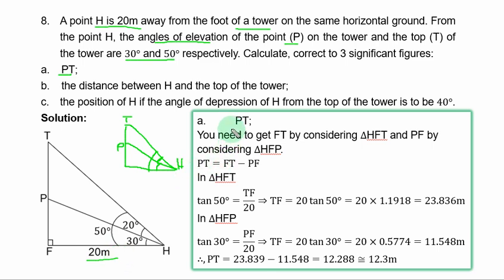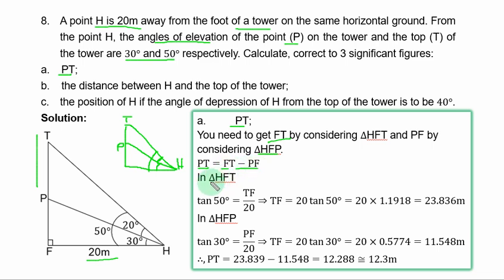Now you are asked to find PT, that is from here to here. To do that, you need to get FT, the whole of the length, by considering triangle HFT, and you get PF by considering triangle HFP, so that PT is equal to FT minus PF.